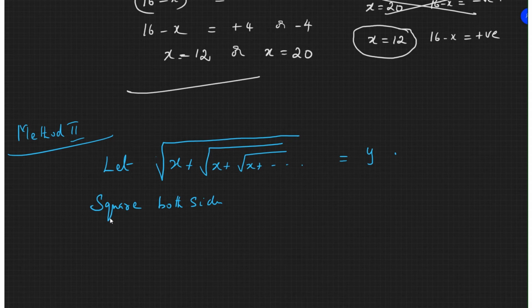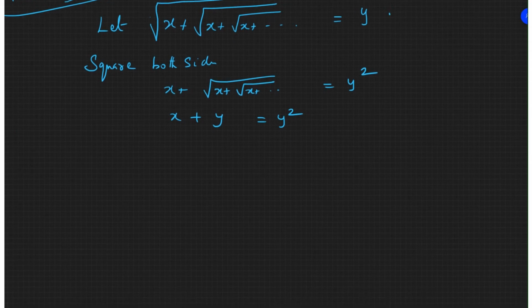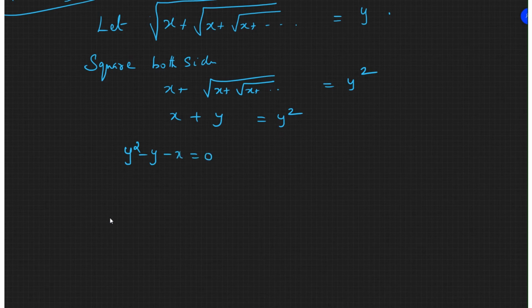So I'll get x plus square root of x plus square root of x plus etc. will be y squared. But this is x plus y, so my x plus y is equal to y squared. So from this I get a quadratic equation in y: y squared minus y minus x equal to 0.